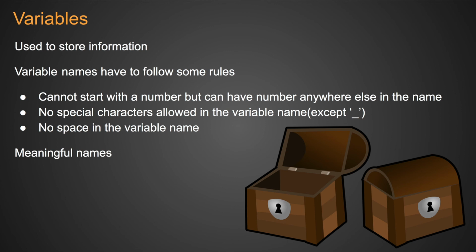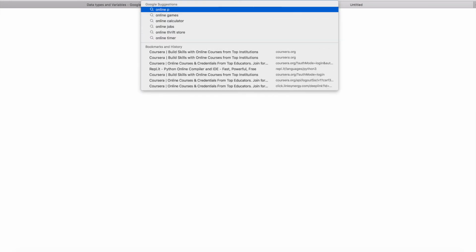Let's now try to open an online Python compiler, and then let's try out whatever we learned just now. I'm going to show you how to do the coding now. So what you can do is use one of the online compilers that are available.